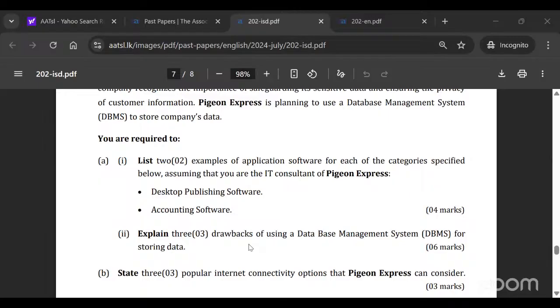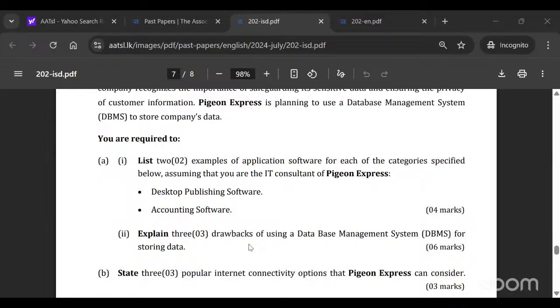And system downtime. Any technical failure or system crash could disrupt business operations, leading to delays in courier services, communication breakdowns, and reduction in customer satisfaction.